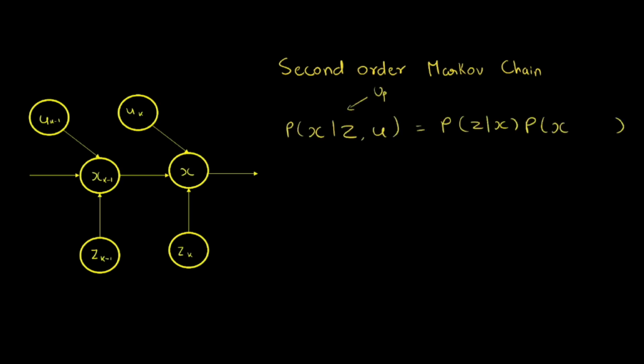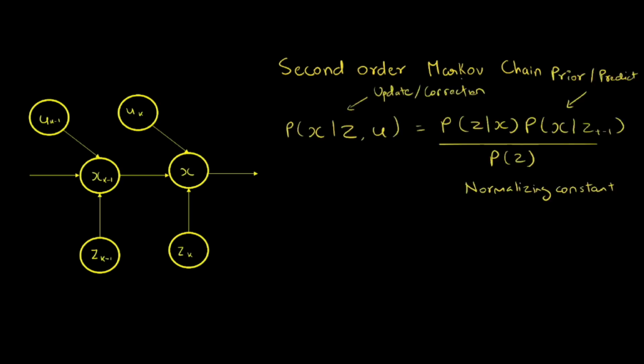If we see the equation here, it is a basic Bayesian equation where, if we want the probability of the state given the measurement as well as the input u, we will require the likelihood, the prior, as well as the normalizing constant.